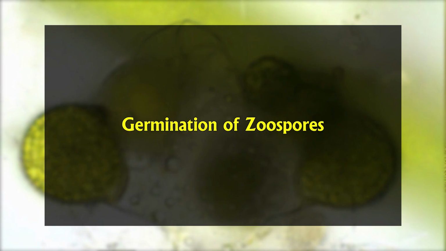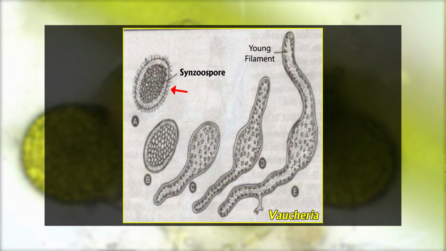Now let us try to understand germination of zoospores. The zoospores produced by Vaucheria swim for about 15 minutes after their release from the zoosporangium and then come to rest, withdraw flagella and secrete a thin wall around them. Therefore, they become deflagellated, non-motile and sluggish.